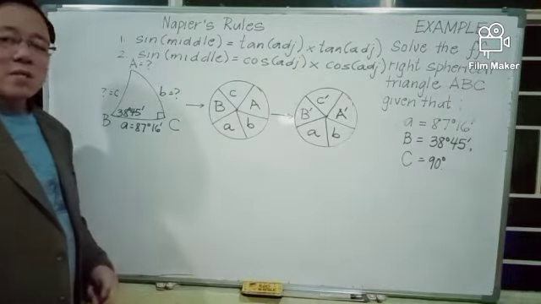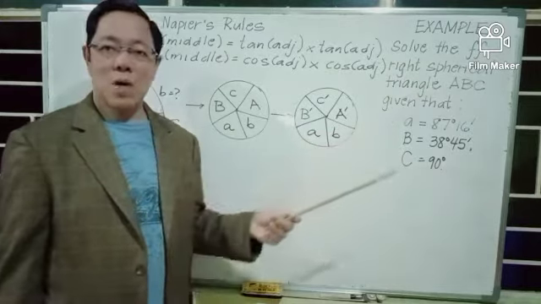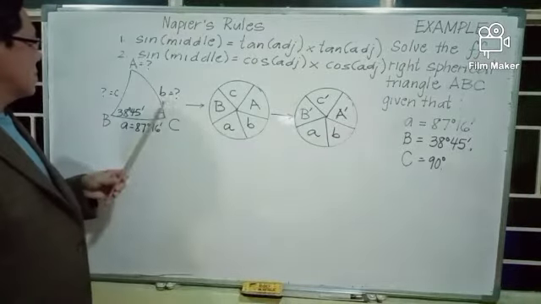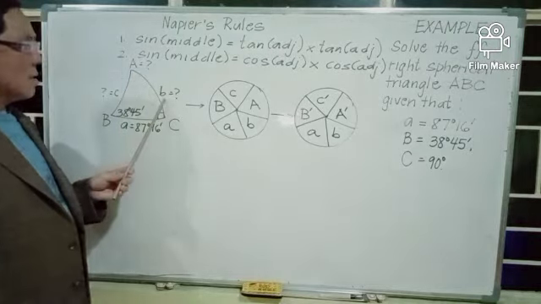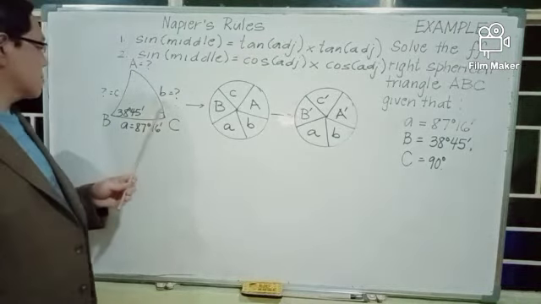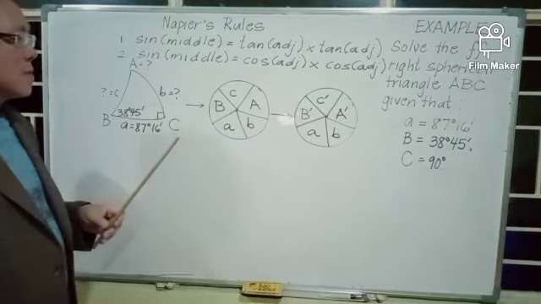Now, the parts of the right spherical triangle that we want to find are the surface angle capital A, the side small b, and the side small c.